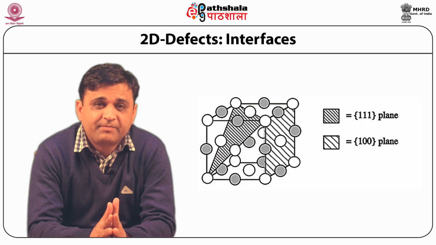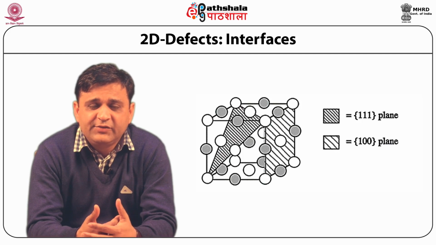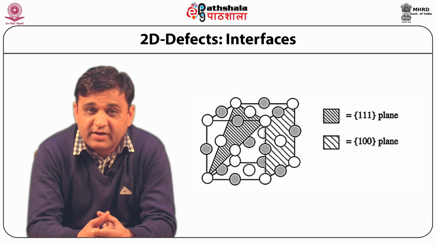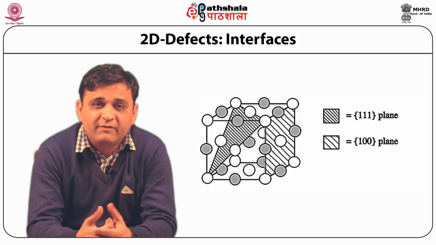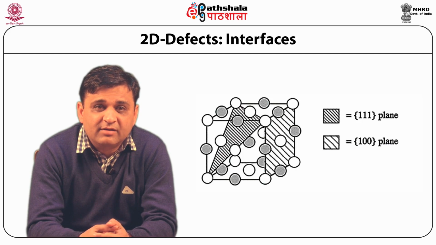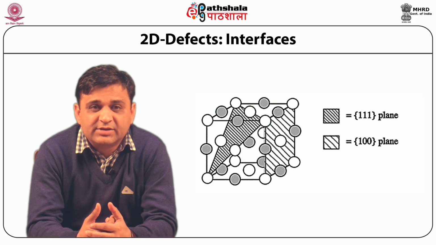There is also one kind of defect due to the unbalanced electrical nature of the planes. The interfacial tension of a surface in an ionic solid is strongly affected by the distribution of electric charge. As you can see in this figure, this is a figure of sodium chloride showing electrical neutrality in certain planes, and in another plane it is not electrically neutral.